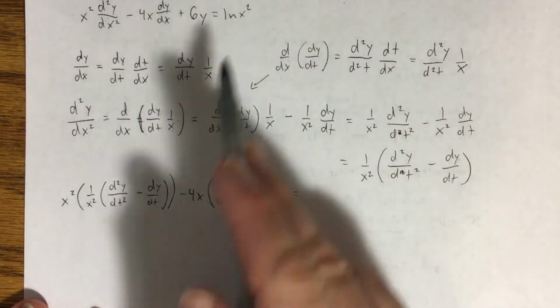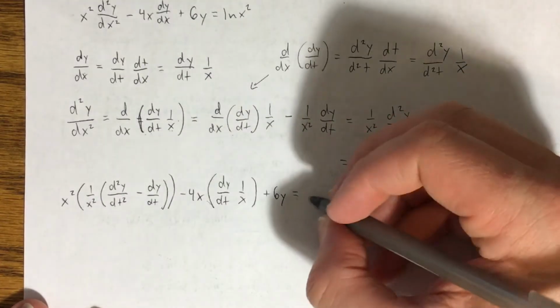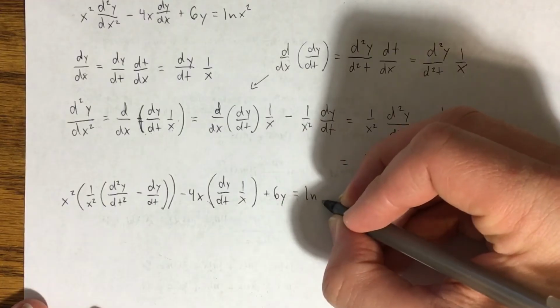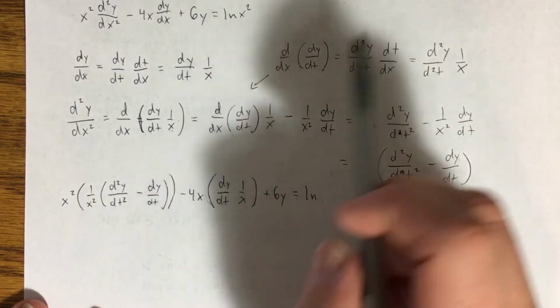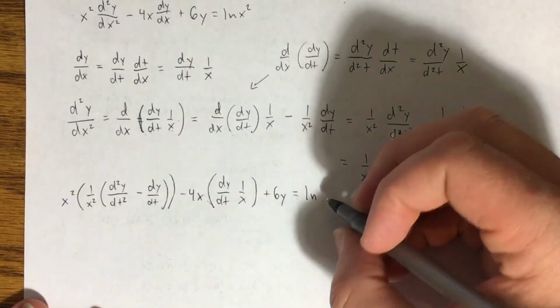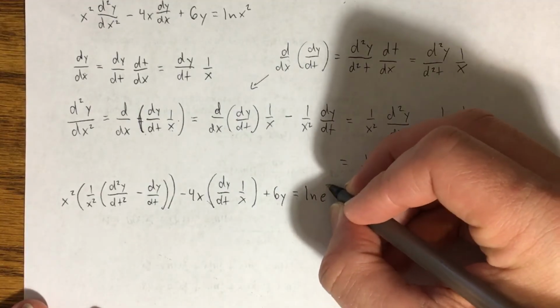Now the natural log of x squared is going to turn into the natural log of, remember, x becomes e to the t. Squaring that gives me e to the 2t.